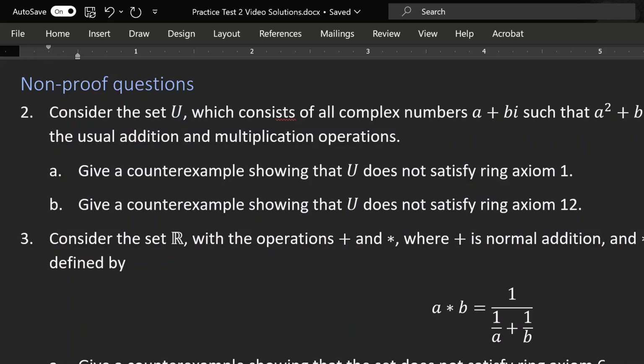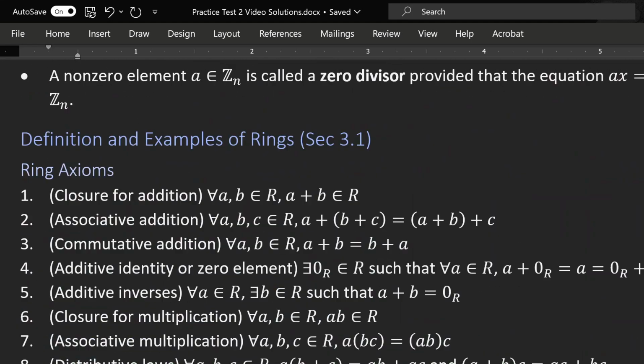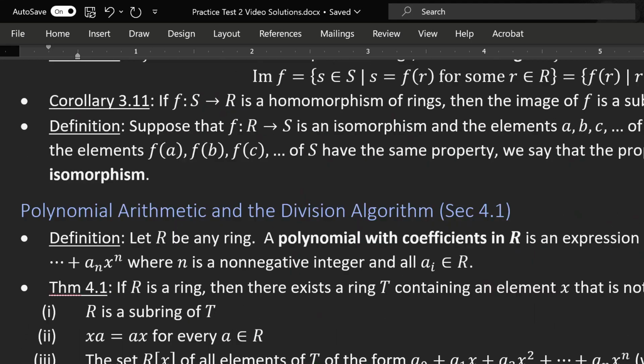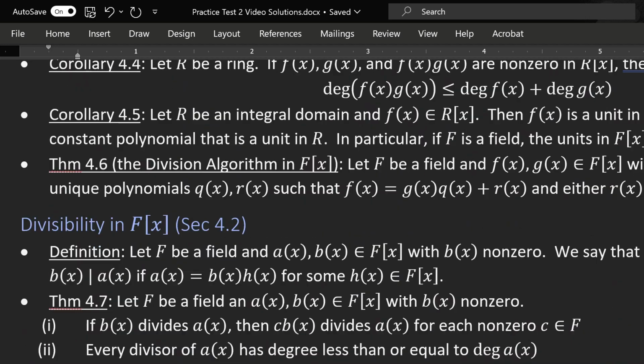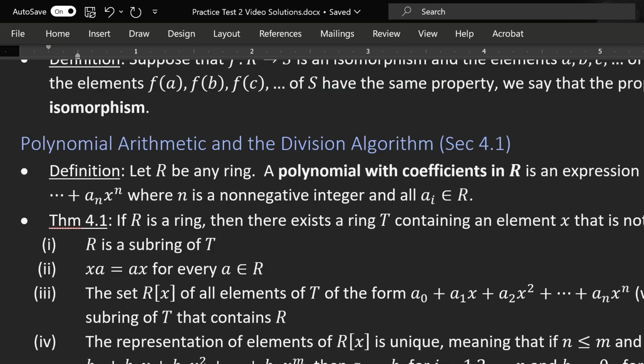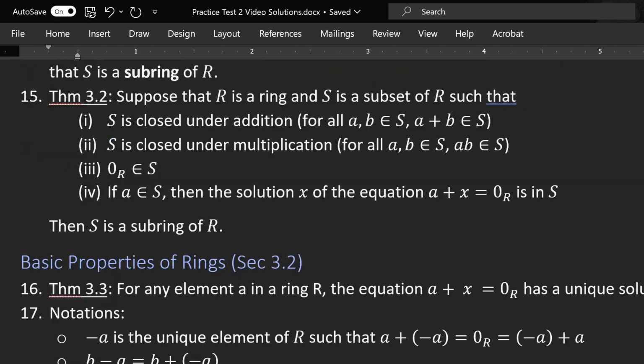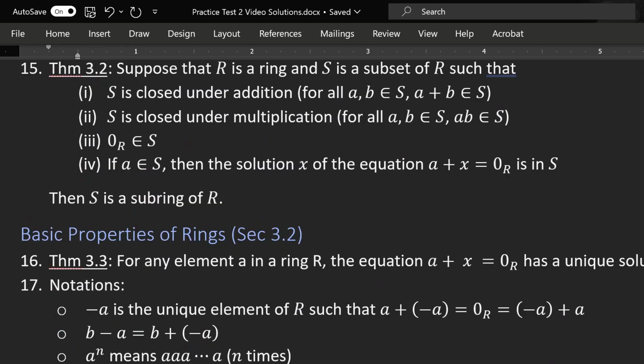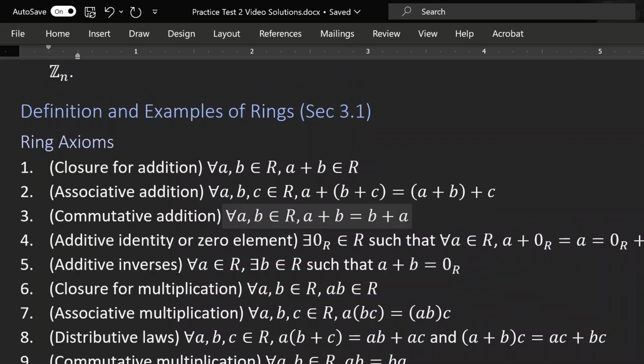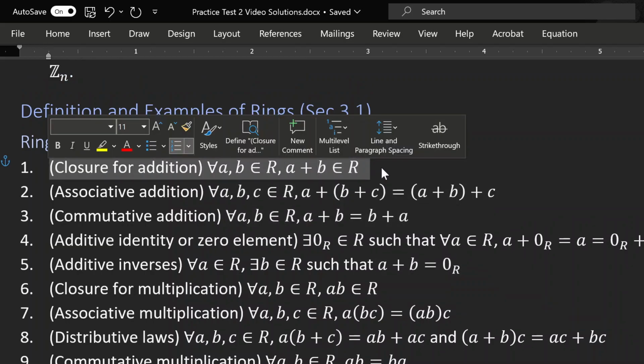Let's look at the little cheat sheet and the list of ring axioms, just to point out why this is what you have to do. Here we go. Closure for addition. So basically you want to prove the negation of this.